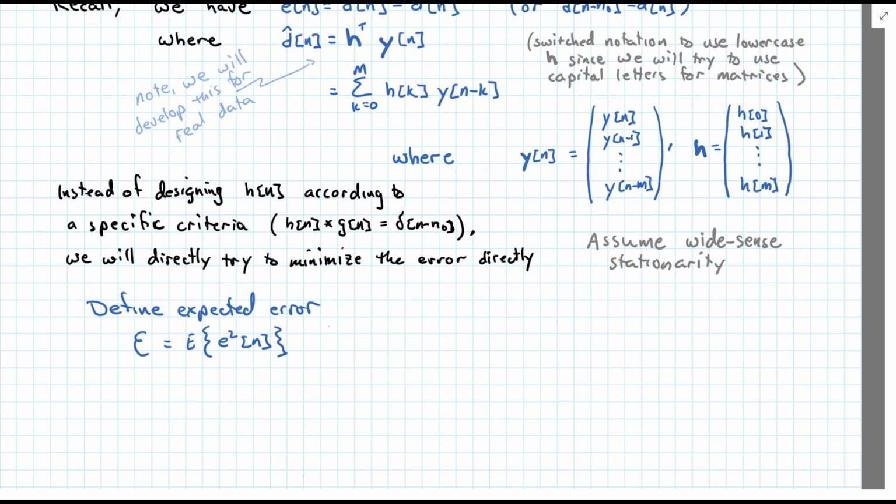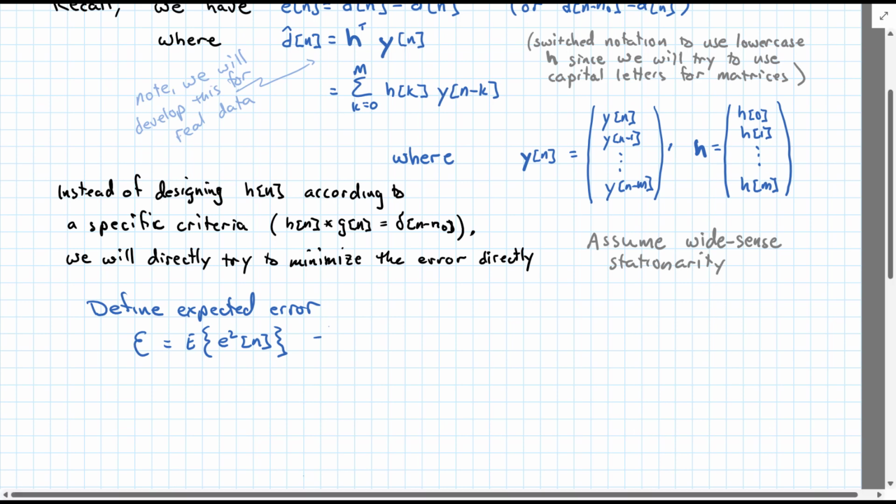Since we are dealing with a stochastic process, expectations make a lot of sense. And squared error is a common metric because it correlates with the amount of energy in our error signal. And so knowing the expected squared error, we can calculate things like the signal-to-noise ratio and other useful quantities.